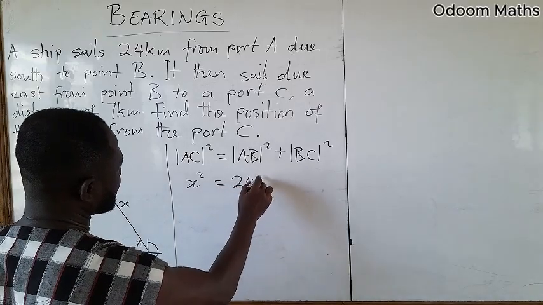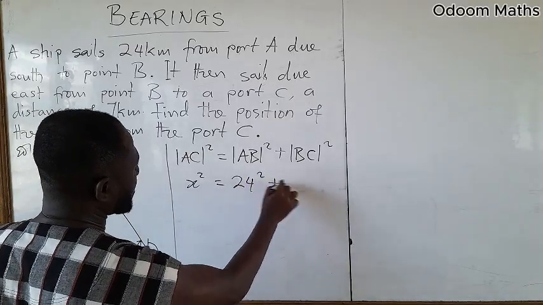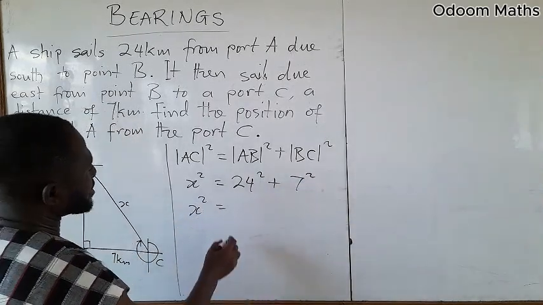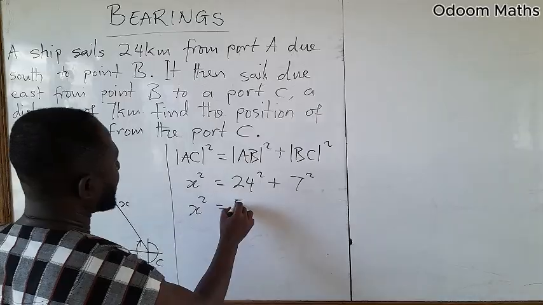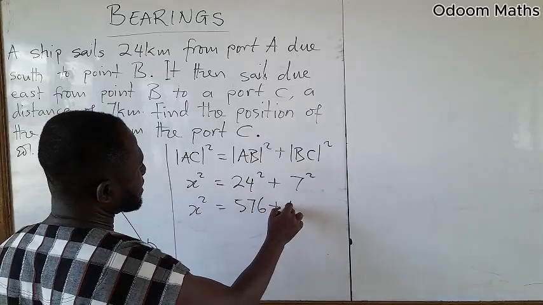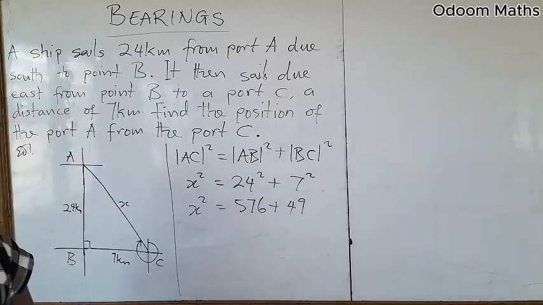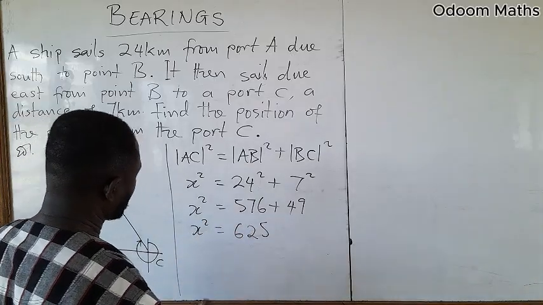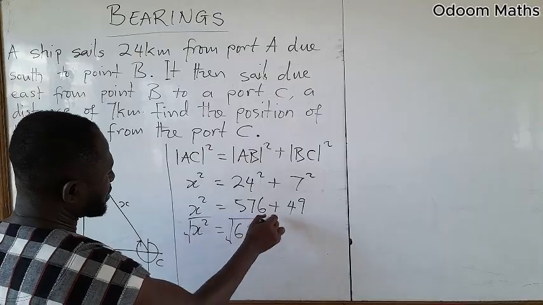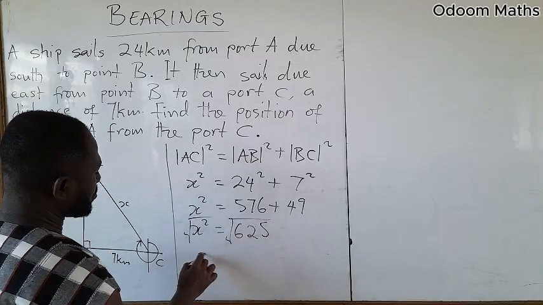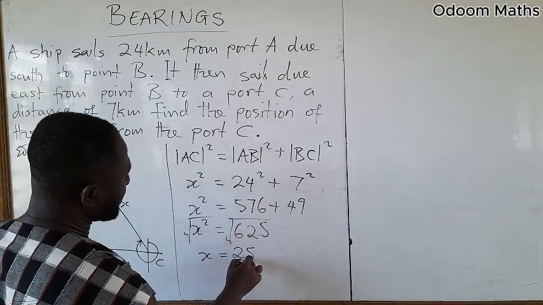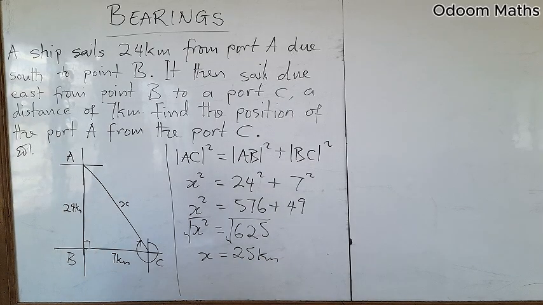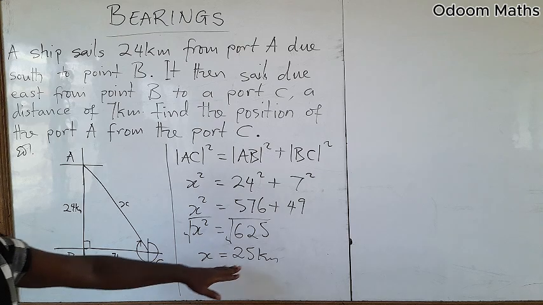So X squared becomes 24 squared, which is 576, plus 7 squared, which is 49. We add the two. X squared is going to be 625. When you put square roots on both sides, we ignore the negative side. So X will be 25 kilometers. It means that the distance between A and C is 25 kilometers.